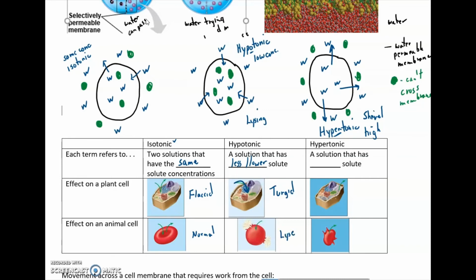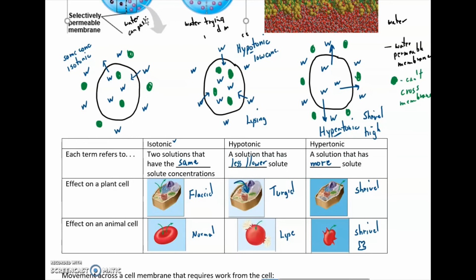Whenever you give blood or fluids to a patient in an IV, you have to make sure that it's an isotonic solution. Hypertonic is a solution that has too much or more solute, hyper, and it will cause a plant cell to shrivel. And it'll do the same thing to a red blood cell. It does like that.